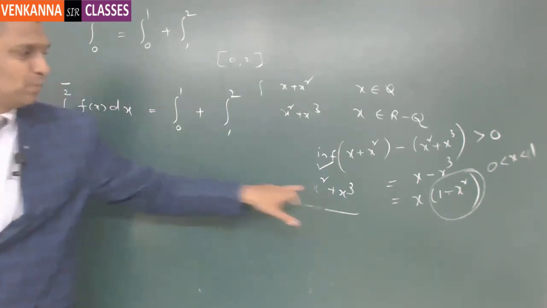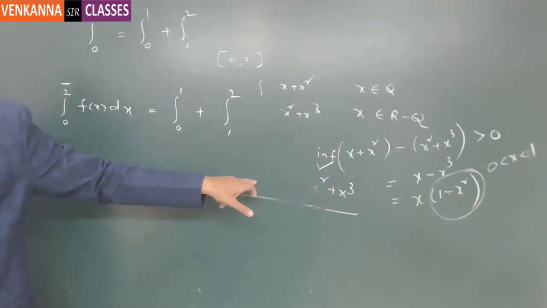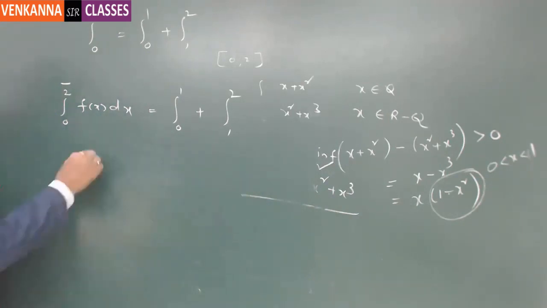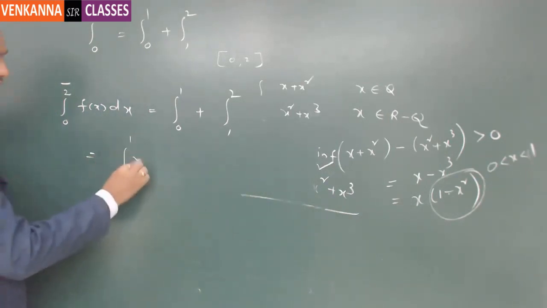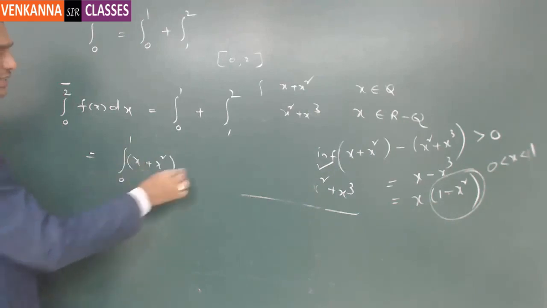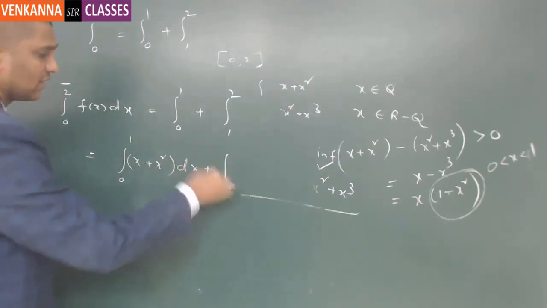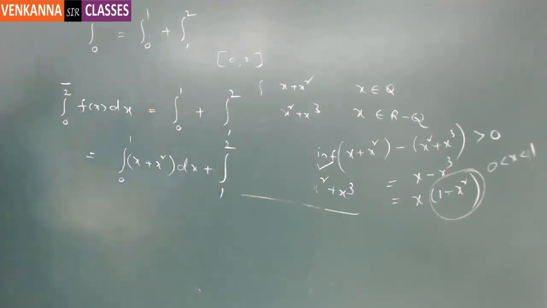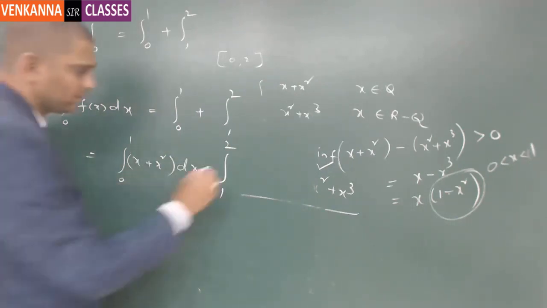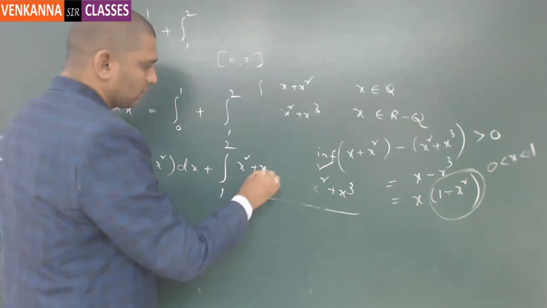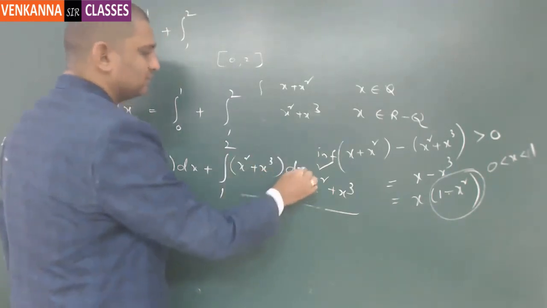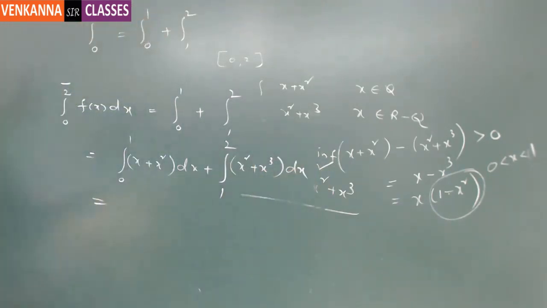This one is supremum and the previous one is infimum. So it is nothing but integral 0 to 1 of x plus x square dx. On the second one, 1 to 2, x square plus x cube will be the supremum. This one we will find by doing the regular integration. You please check on that.